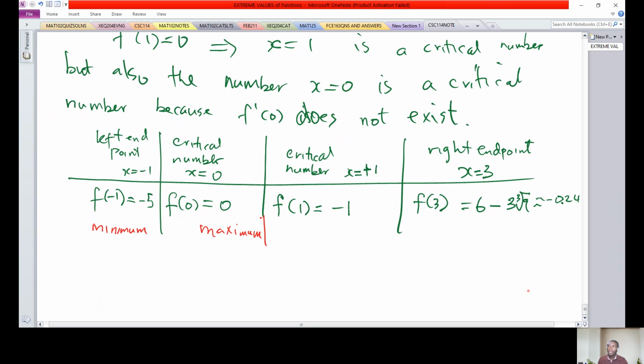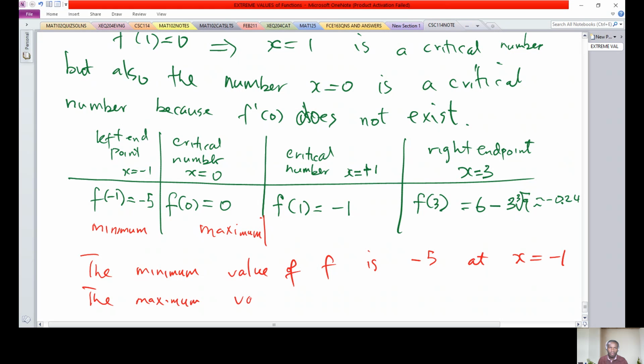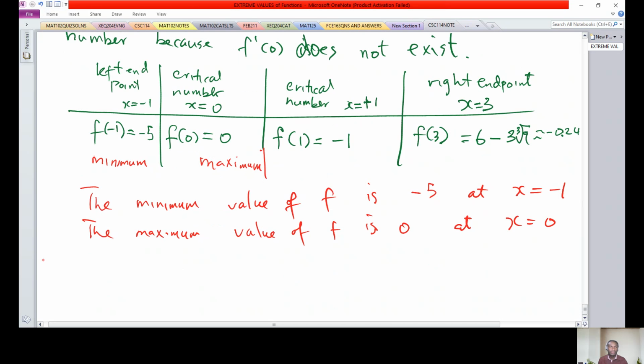Therefore, the minimum value of f is -5, which occurs at x equals -1, and the maximum value of f is 0, which occurs at x equals 0. Thank you.